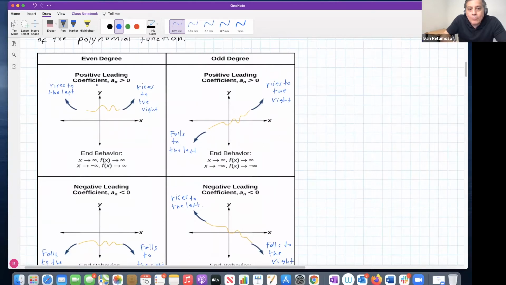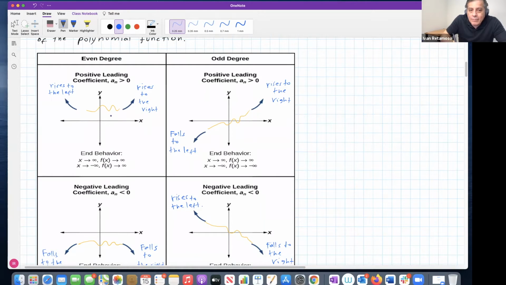If the leading coefficient, remember, the coefficient of the leading term, is positive and the degree is even, like 2, 4, 6, 8, then it will resemble a parabola. It will be a parabola-like shape. But in the middle, notice that they don't show what happens in the middle.